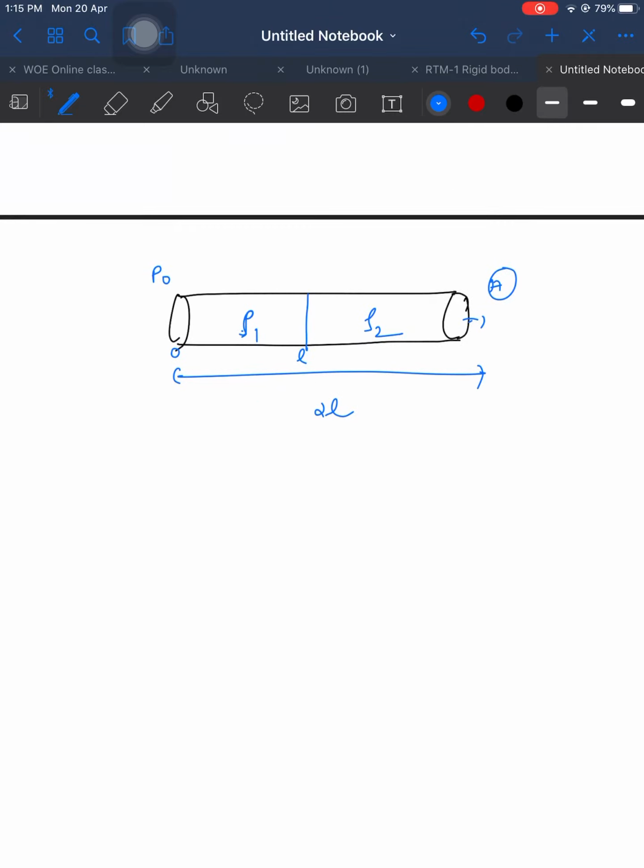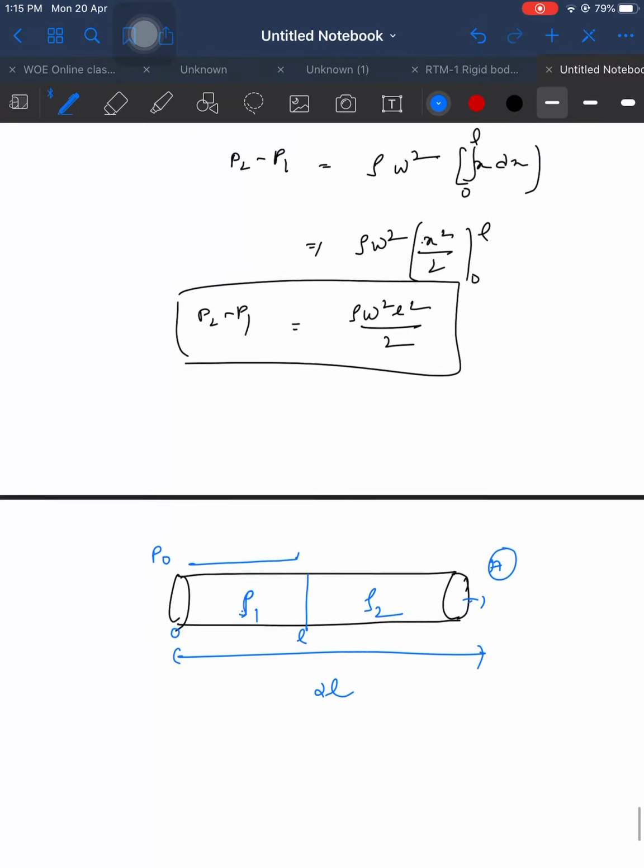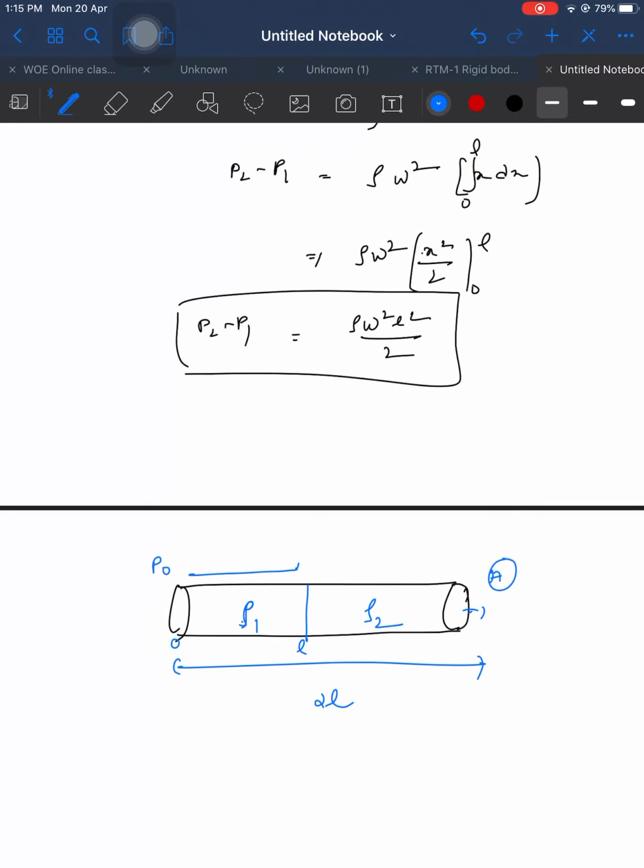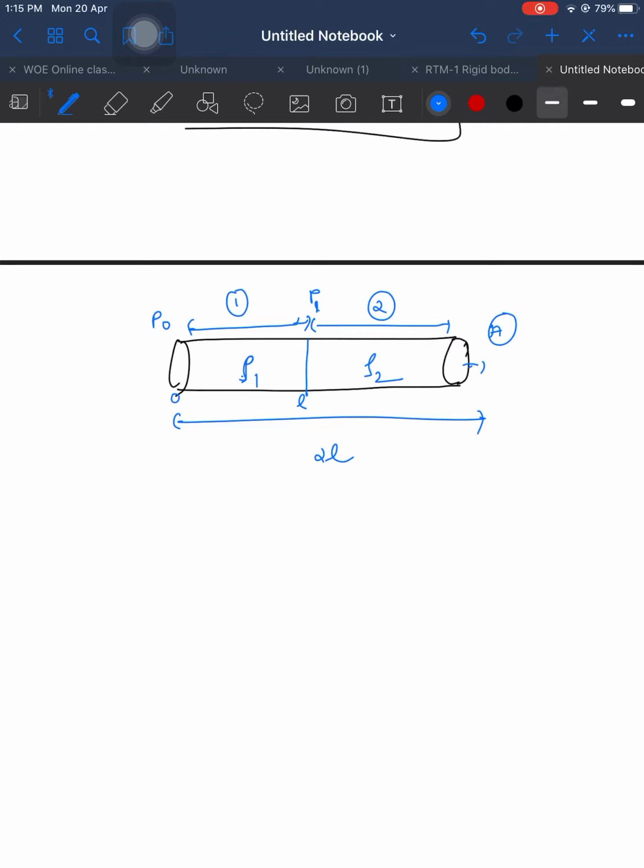How do we solve these cases? Consider the previous case, where it was the same liquid everywhere. Now here there are two cases. Consider an intermediate point, P naught, and P1.